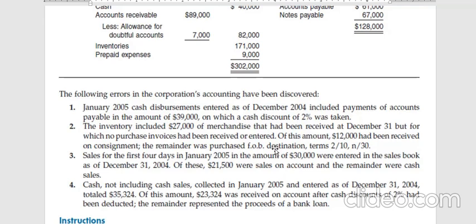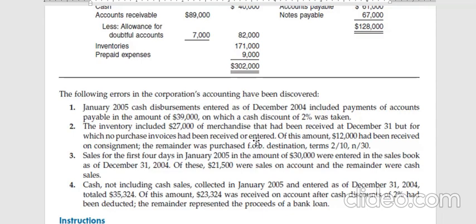How am I going to make the payment there? If no invoice is received, it means no liability will be created. I have recorded the inventory, I have increased my inventory account, but if no purchase invoice has been received or entered, I have not recorded the liability, meaning accounts payable.